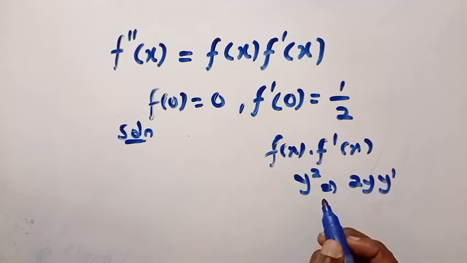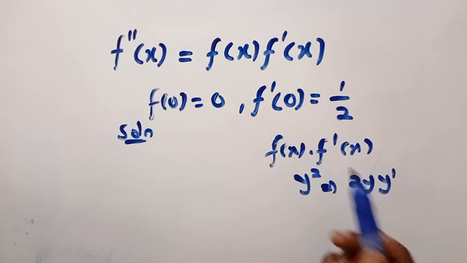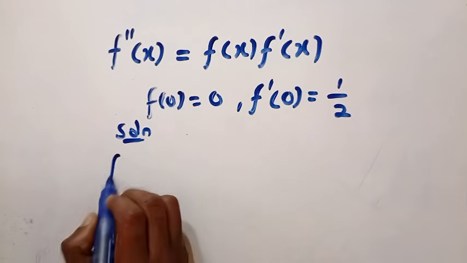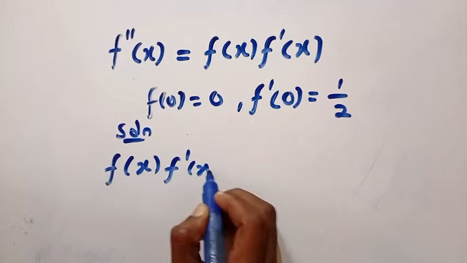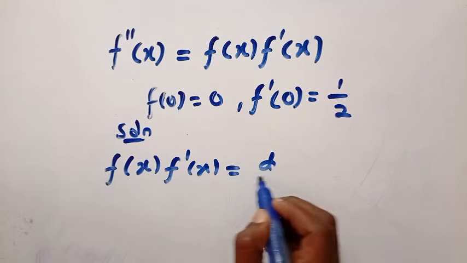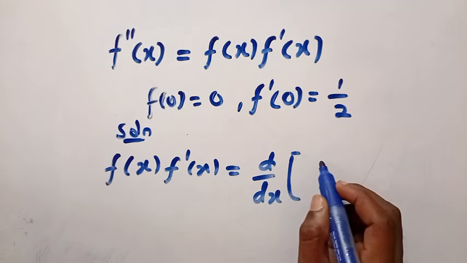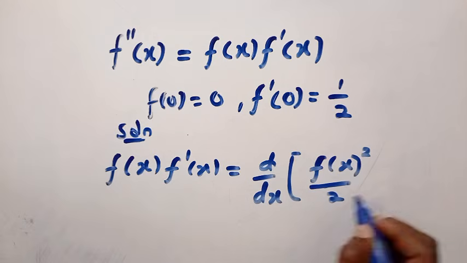If all this is clear, let's proceed to how we can get f of x times f prime of x in another way. Anytime we have f of x times f prime of x, this is the same thing as d divided by dx of f of x squared divided by 2.